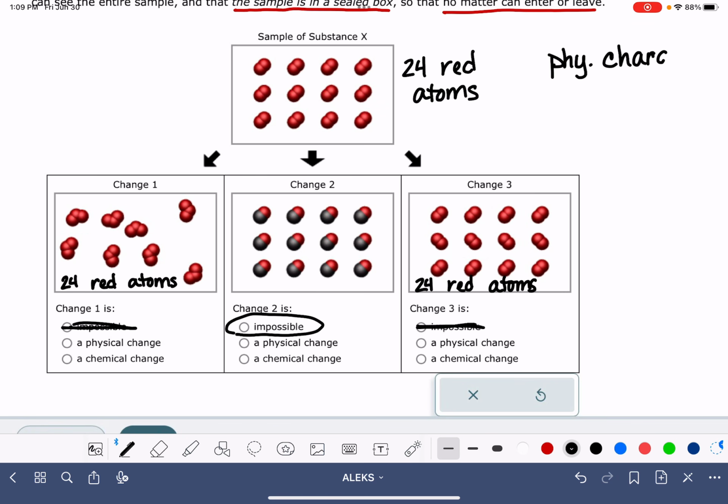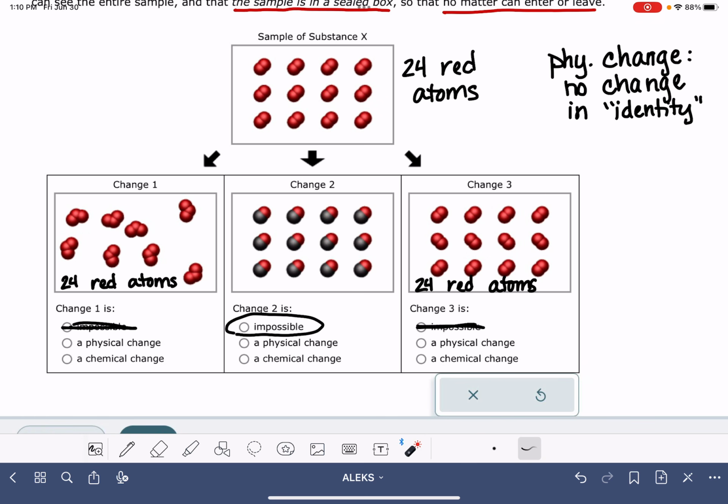A physical change is when we do not change the identity of the molecule or the atom. So there's no change in the identity. And in this type of problem, what that means is that the number of spheres, the arrangement of spheres in each molecule is not going to change.